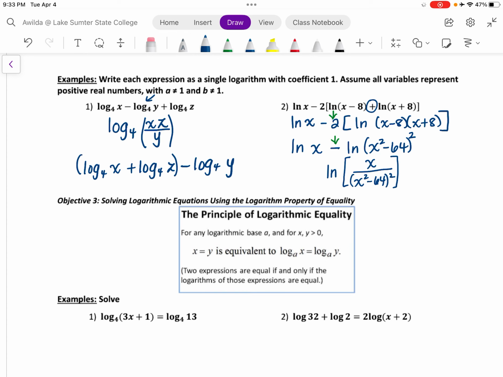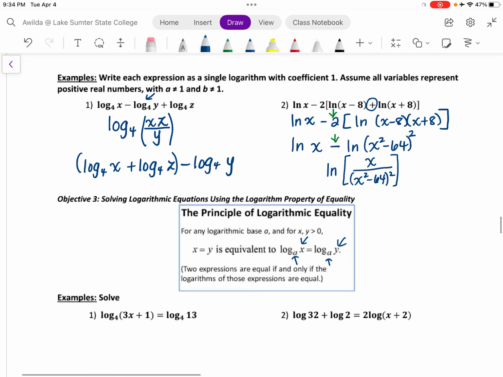In other words, two expressions are equal if and only if the logarithms of those expressions are also equal. I may add that these logarithms must have exactly the same base. So in other words, if two logarithms are equal and their bases are equal, then their arguments or results must also be equal.